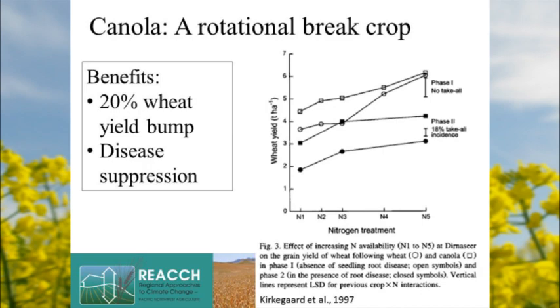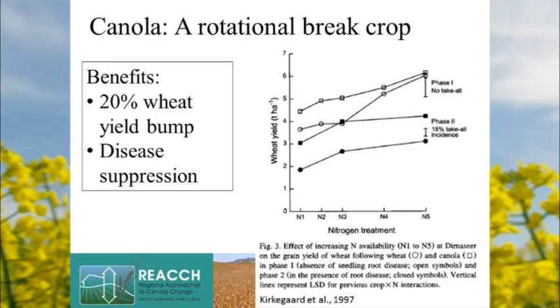And so here's a graph on the right-hand side, which shows wheat yield, either following wheat or canola, on the y-axis, and nitrogen additions on the x-axis.